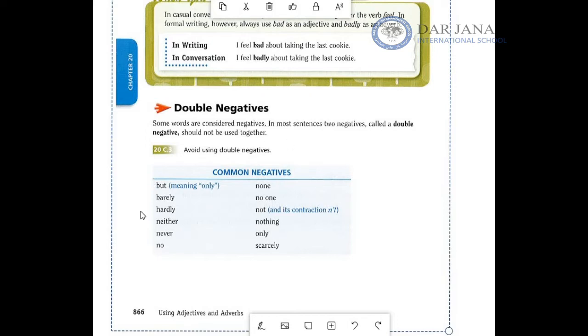Here is a group of common negatives, such as but when meaning only, barely, hardly, neither, never, no, none, no one, not, and its contraction form n't, nothing, only, and scarcely.